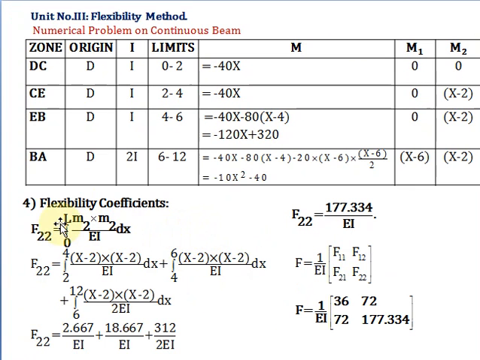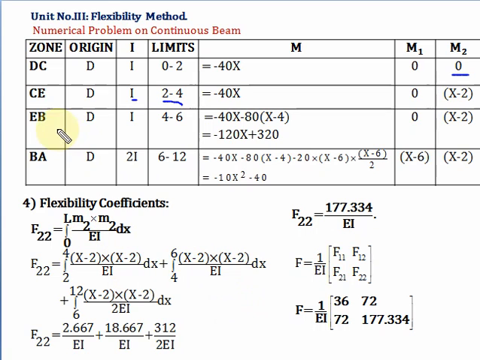Then we'll find out F22. So whatever the values are there in the M2 column, multiply with M2 again. Okay, so for zone DC, here the value in the M2 column is 0. Okay, so this term will be equal to 0. Now for zone C, here the value is x minus 2, so x minus 2 into x minus 2, the value of EI is EI, and limits are 2 to 4.